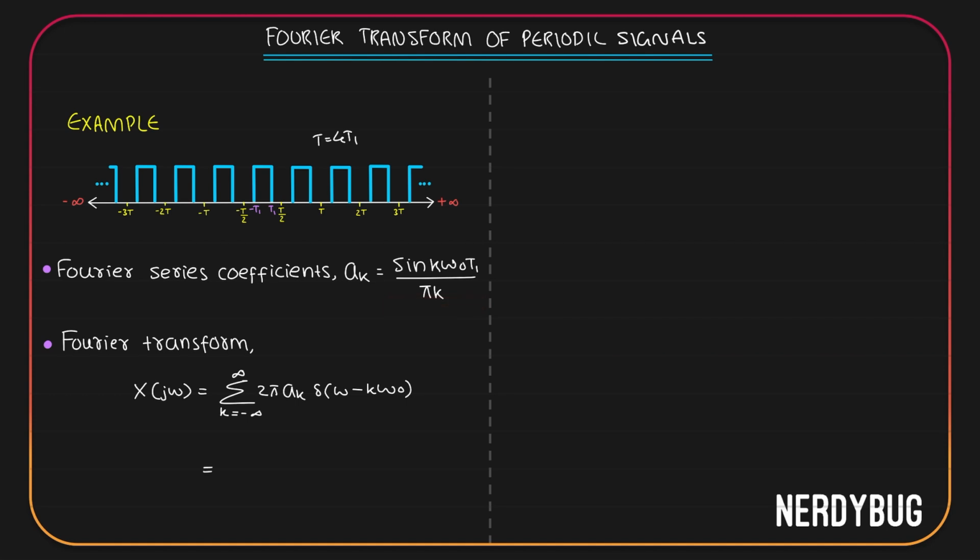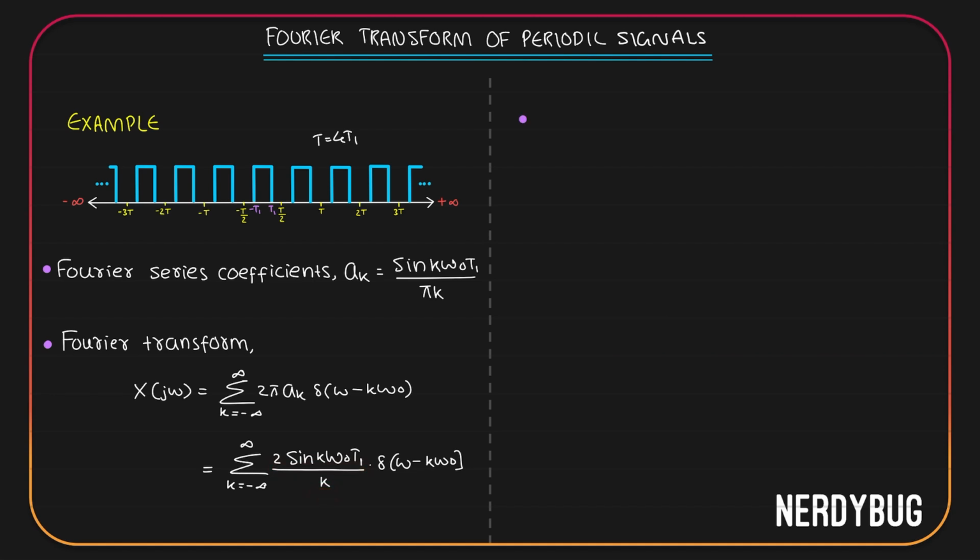So this becomes summation from k equals minus infinity to infinity 2 pi sine k omega naught T1 divided by pi k delta of omega minus k omega naught. We have a pi here, we have a pi here, it can be cancelled. So it becomes 2 sine k omega naught T1 divided by k.